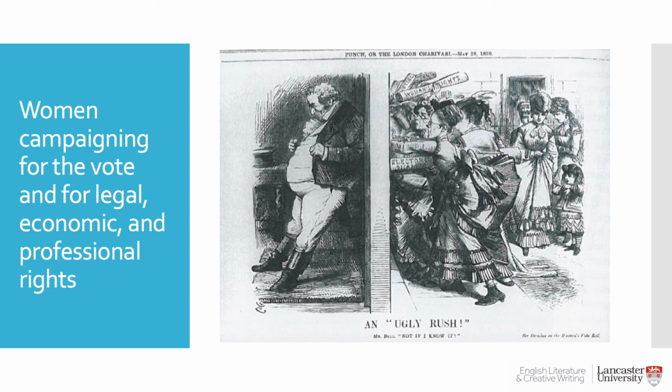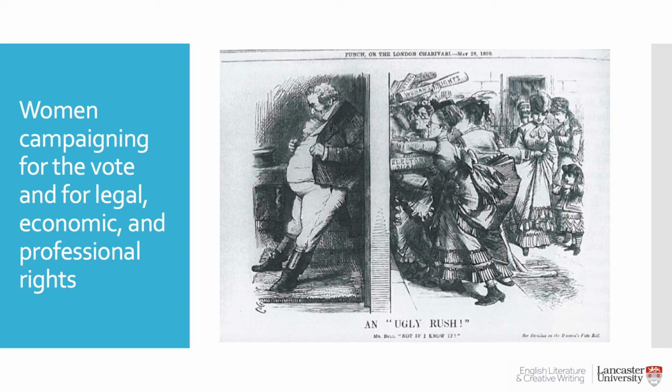Also, think about the closed door that is presented to the women who want the vote and the open door at the back that the other women have been able to walk through without any barriers. Look at the caption to the cartoon, Ugly Rush, and think about how ugliness has been used in this drawing, again by John Tenniel, who illustrated Alice's Adventures in Wonderland and Through the Looking Glass.